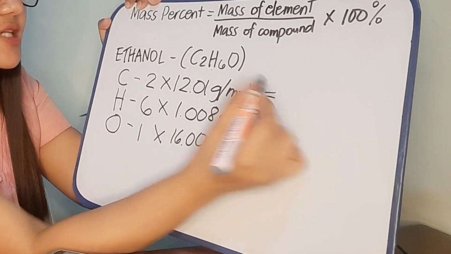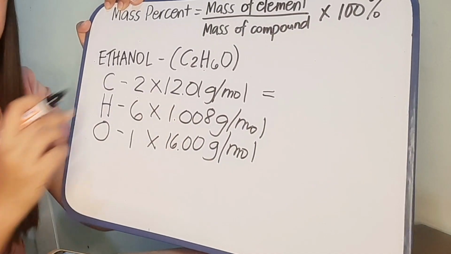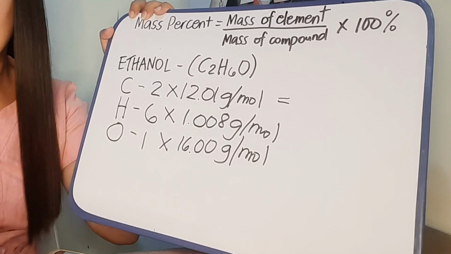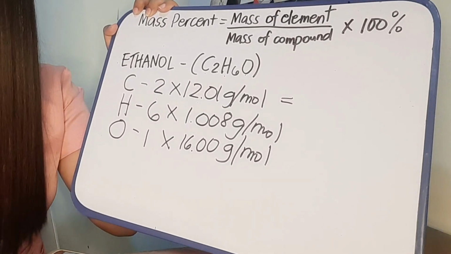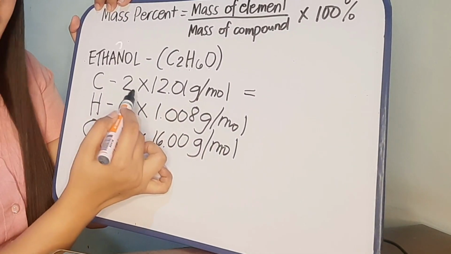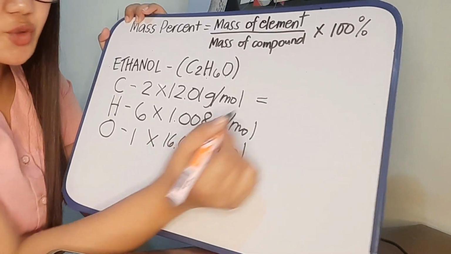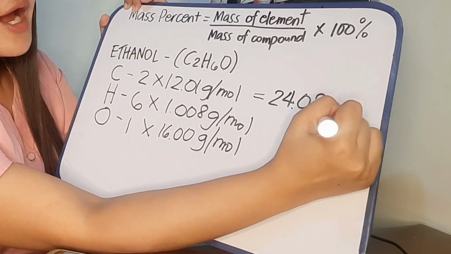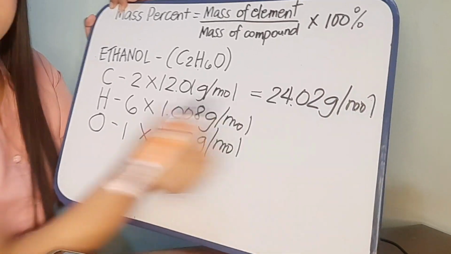Okay, ibig sabihin, yung bawat mole sa bawat element, kailangan natin siyang i-multiply dun sa kanilang atomic mass. Okay, so 2 times 12.01, at wala rin akong calculator. Actually sinulat ko na siya. 12.01 times 2 and that is equivalent to 24.02 gram per mole.